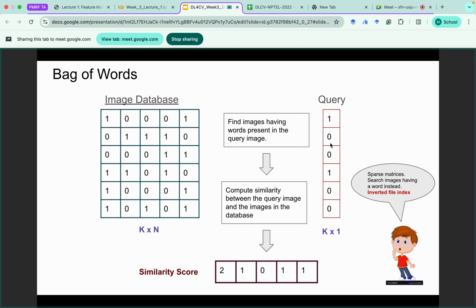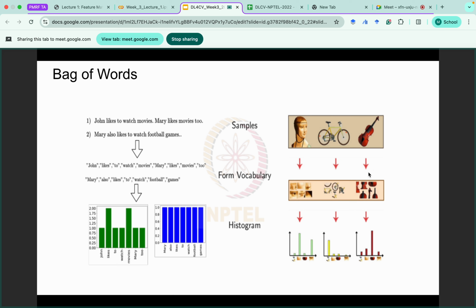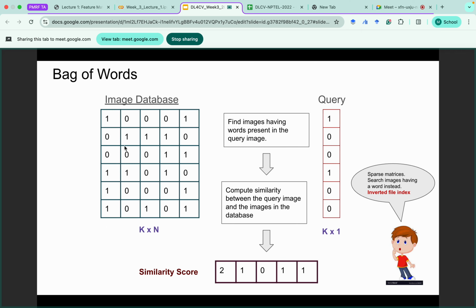So what is an image representation using this bag of words which we just discussed here? So I make a histogram out of it, right? If there are 6 words, in that image I see which word exists how many times. So the first word exists one time, second and third word don't exist, then fourth, fifth, sixth word exist.